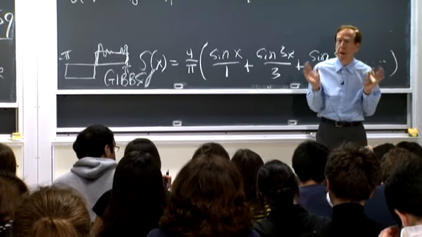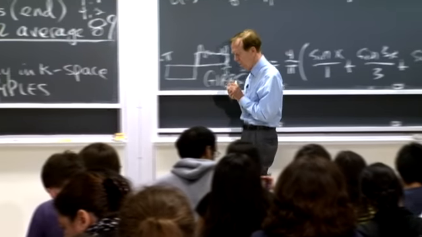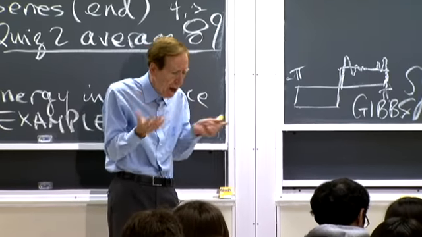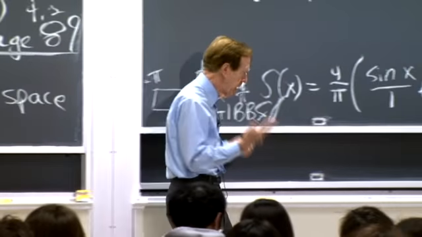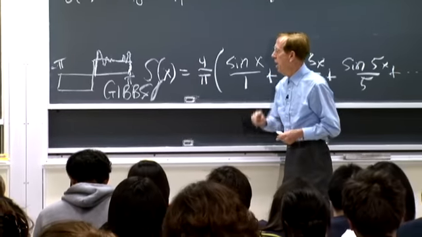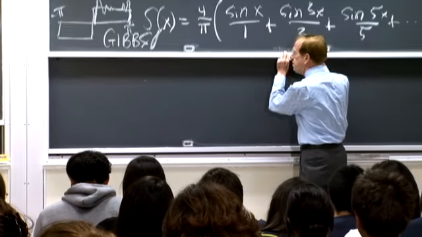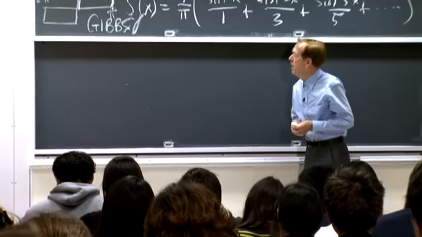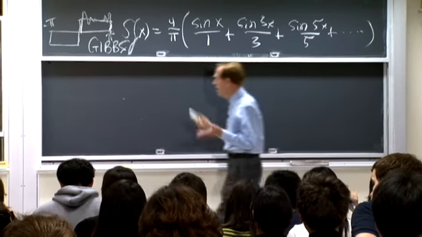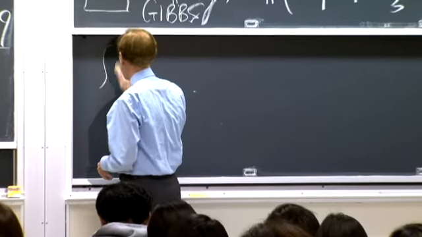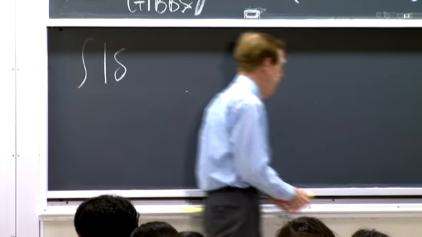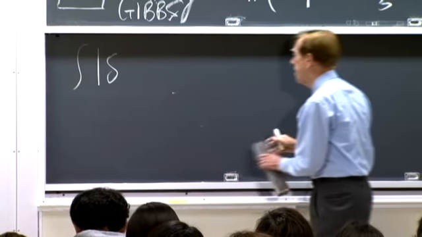So what do I mean by energy? Well, it's quadratic, right? It's the length squared of the function. So let me compute. Maybe I'll do it on this board underneath and leave space for the delta function. The energy in x space is just the integral. It's the length squared, the integral of S of x squared dx.